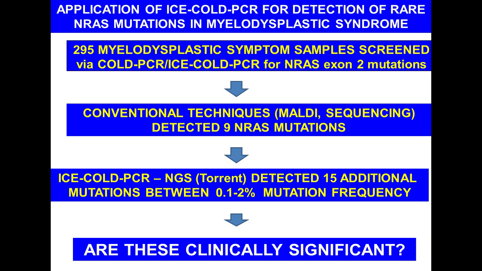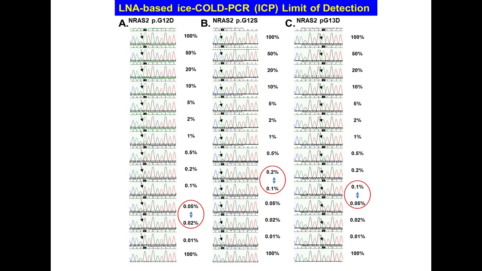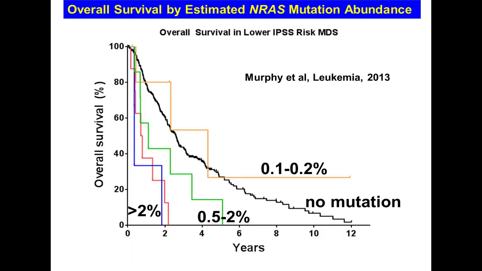Then we asked the question, are these clinically significant? And quantification, as I mentioned before, can be done for individual mutations by doing a serial dilution study and setting up essentially calibration curves. Here is what you see for 3 different NRAS mutations. That's what we use for quantification, and we drew our calibration curves.